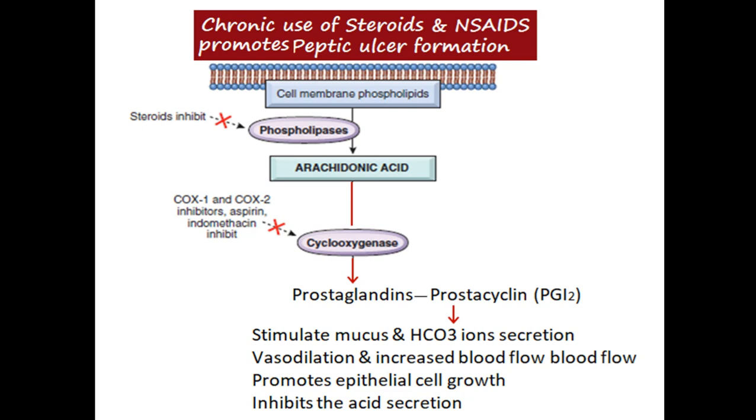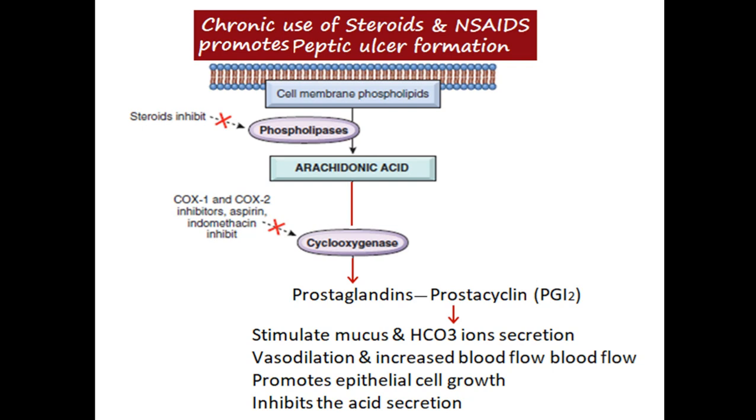Now, this arachidonic acid in inflammation is further broken down either by the cyclooxygenase enzymes, which results in the formation of the prostaglandins, or by the lipoxygenase enzymes, which results in the formation of the lipoxins.